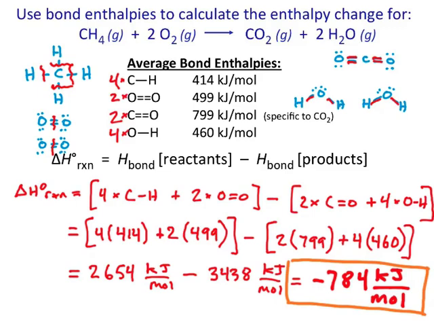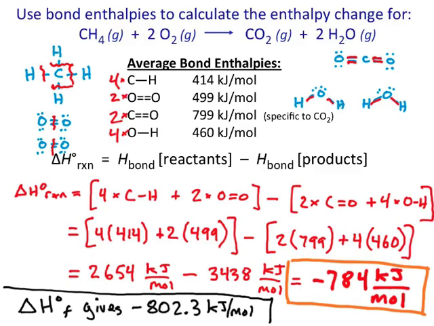And then for comparison, if you look at this same reaction using enthalpy of formation values, you'll find that the overall enthalpy change is negative 802.3 kilojoules. So sometimes these values are close, sometimes they're not. In this case, they're not. And that happens sometimes, right? There are 2 different ways to determine the enthalpy change of the reaction.